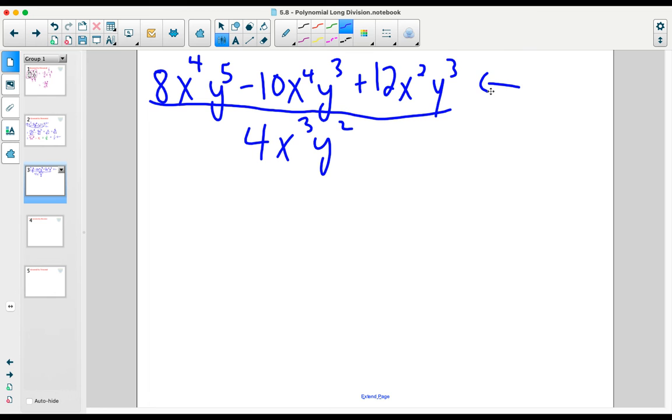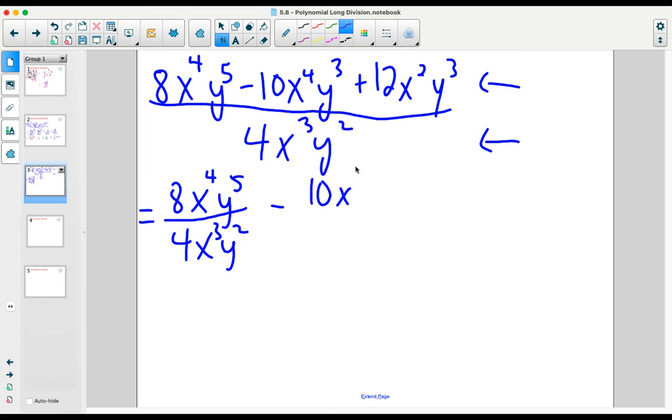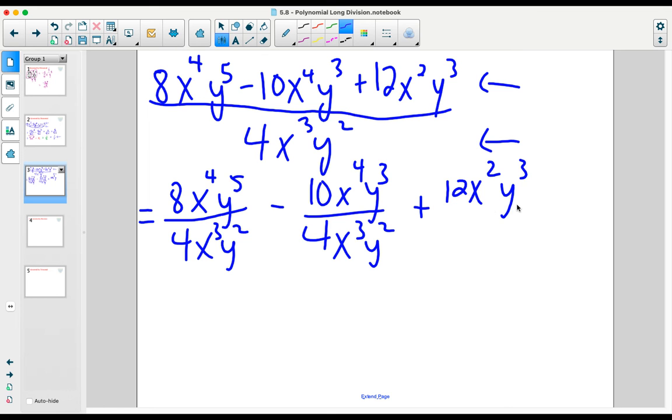Again, we have a 3-term polynomial with a 1-term monomial divisor, and we'll think of each one of the divisions individually. 8x to the 4th y to the 5th over 4x cubed y squared minus 10x to the 4th y to the 3rd over 4x cubed y squared plus 12x squared y to the 3rd over 4x to the 3rd y squared.